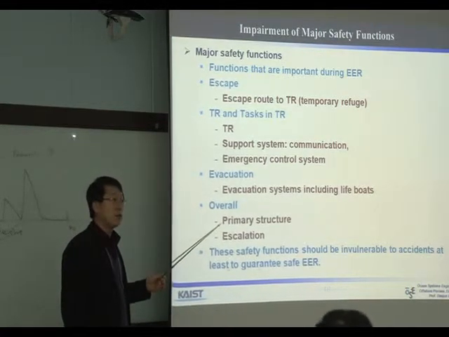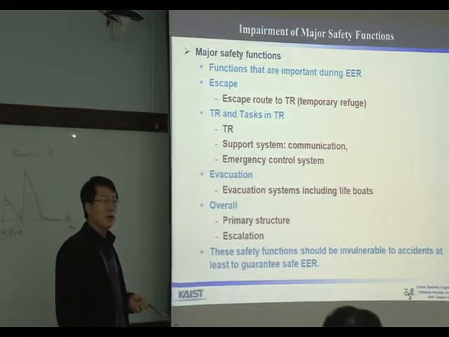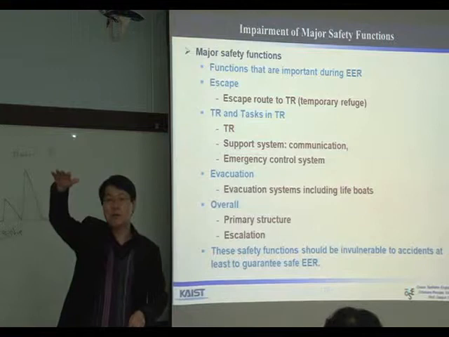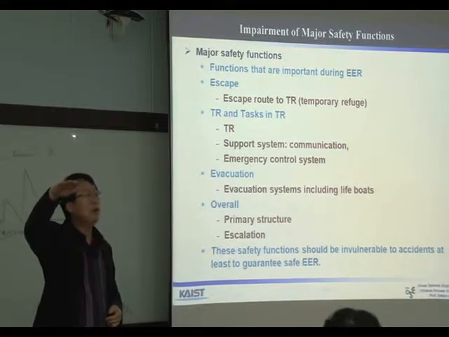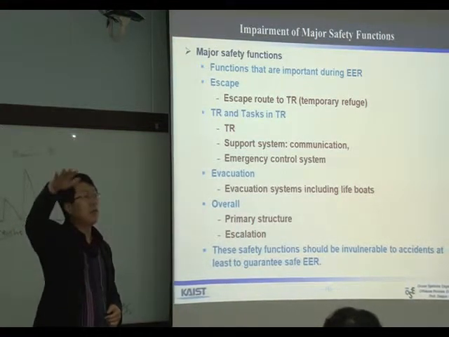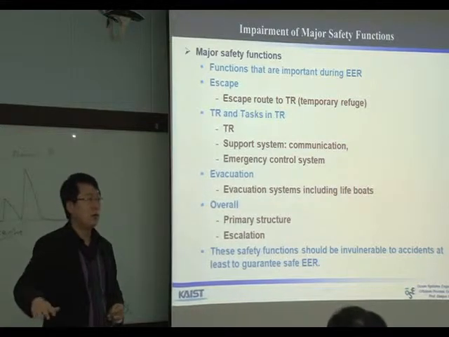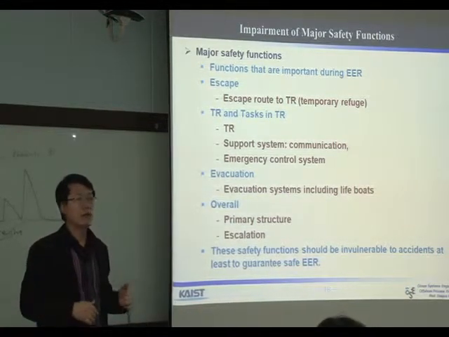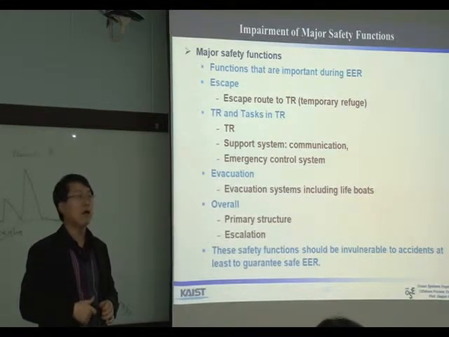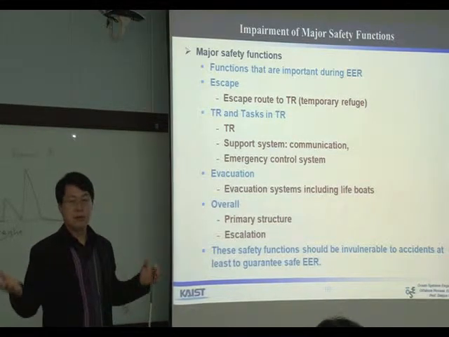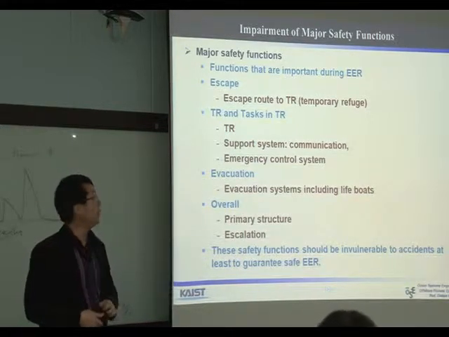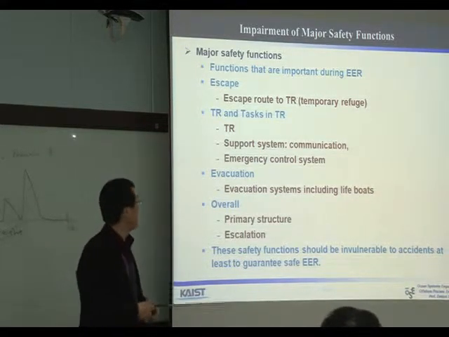And the most important thing is the primary structure. Usually the offshore installation is 15 to 20 meters above the sea level. So if the overall structure is not strong against the fire and explosion, it is meaningless even though the TR is strong.